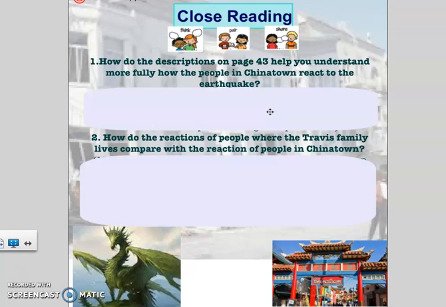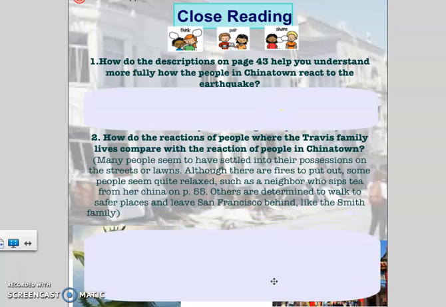How do the reactions of people where the Travis family live compare to the reaction of people in Chinatown? Many people seem to have settled into their possessions on the streets or lawns. Although there are fires to be put out, some people seem quite relaxed, such as a neighbor who sips tea from her china on page 55.